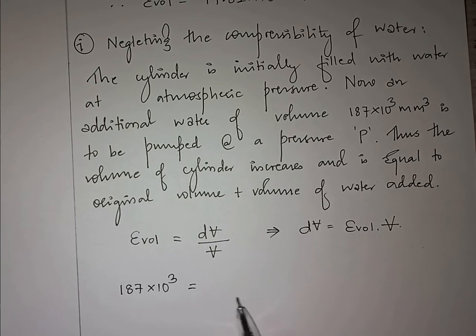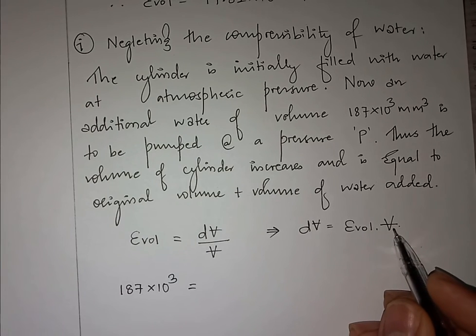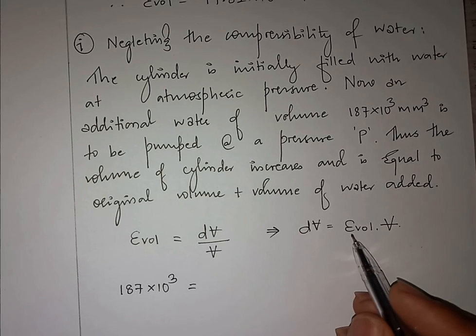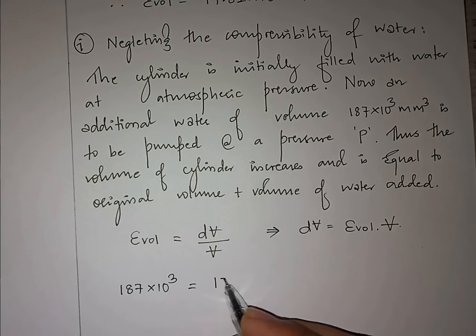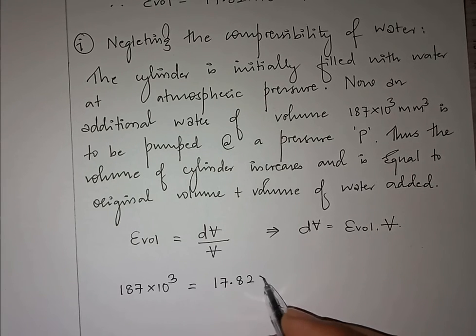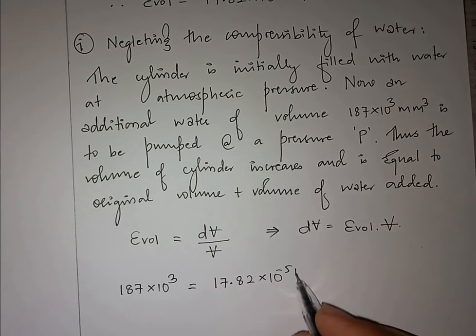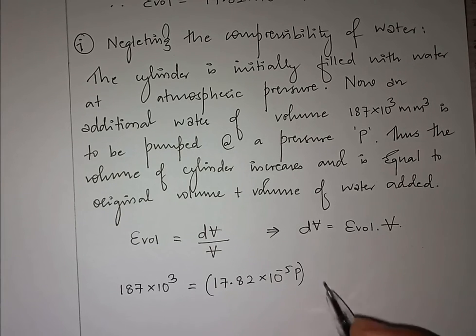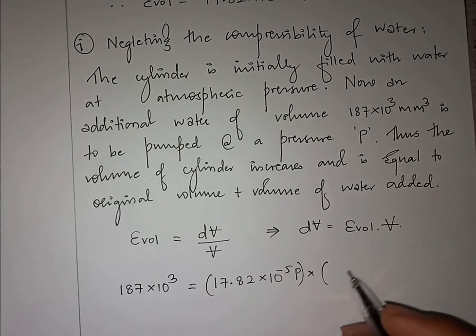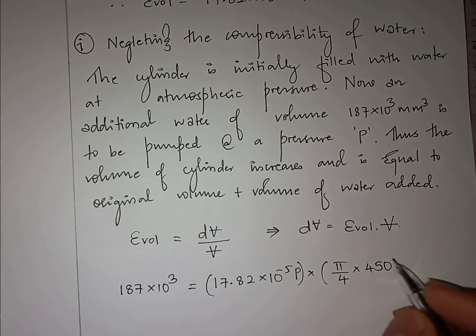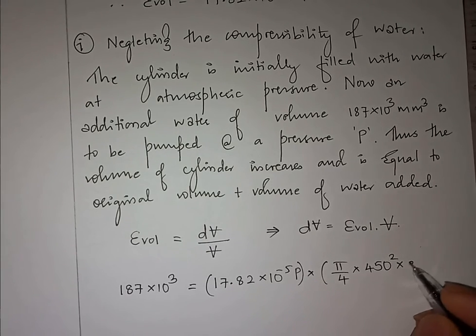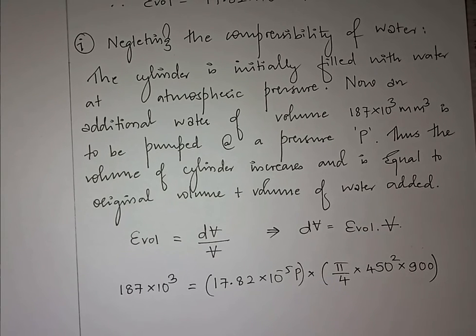is equal to volume of cylinder, pi by 4 d square L, and epsilon volumetric I have calculated in the previous step, so it is 17.82 into 10 raised to minus 5 P, into pi by 4, value of D is given to me 450 square, length of the cylinder is 900 mm.